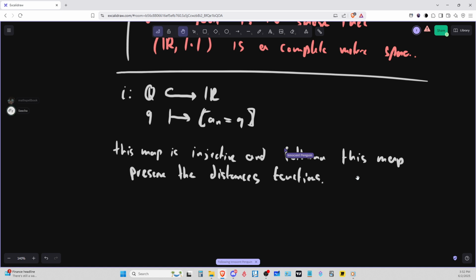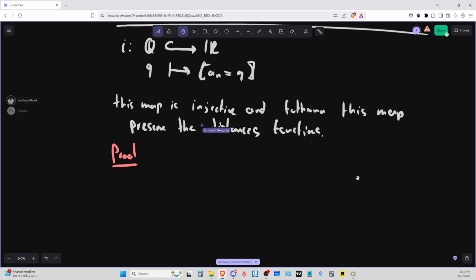So the proof is going to be not very interesting, but it's an important step. So let q be a rational number.